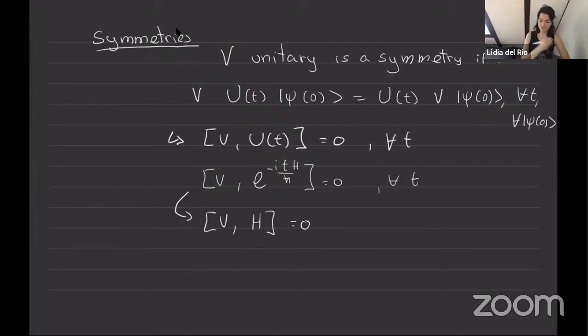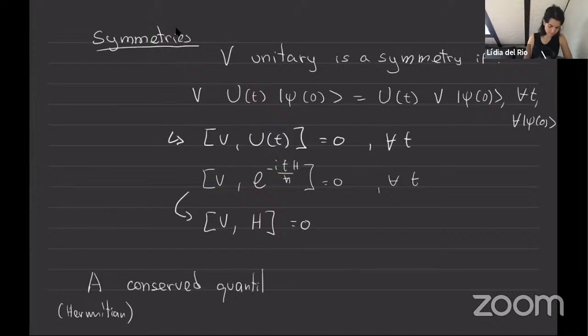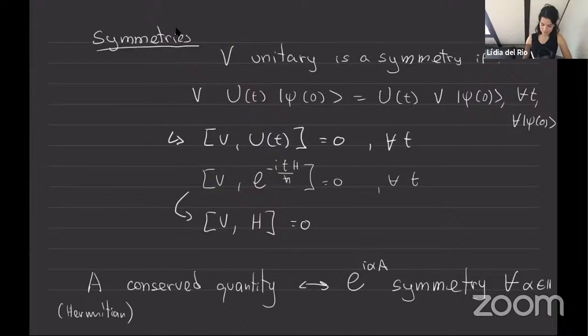And the relation between symmetries and conserved quantities, which for now doesn't matter much, it's just two more names to memorize, but later on we'll see some examples of this, is that if A, and also this is a Hermitian matrix, is an observable, is a conserved quantity, then this is the same as saying that the exponential is a symmetry for all real alpha, and the other way around.